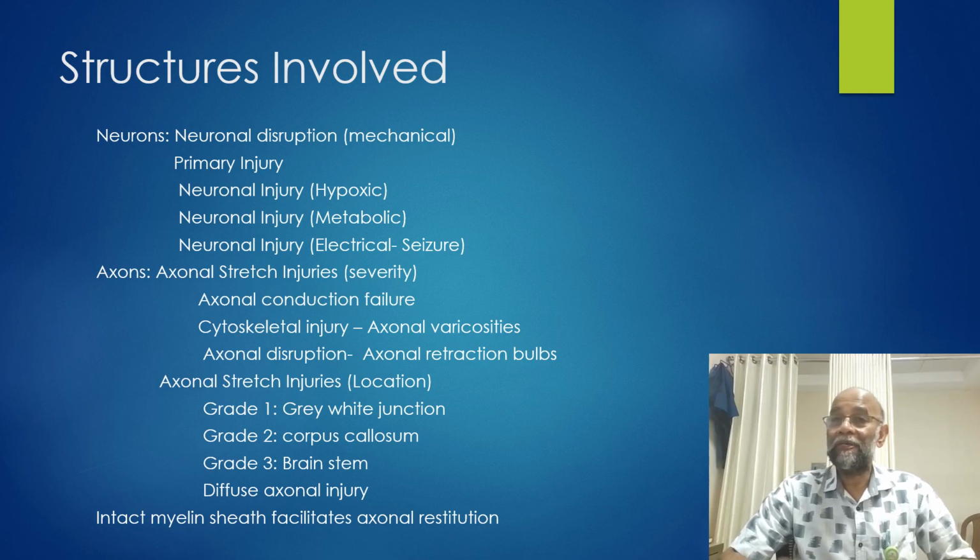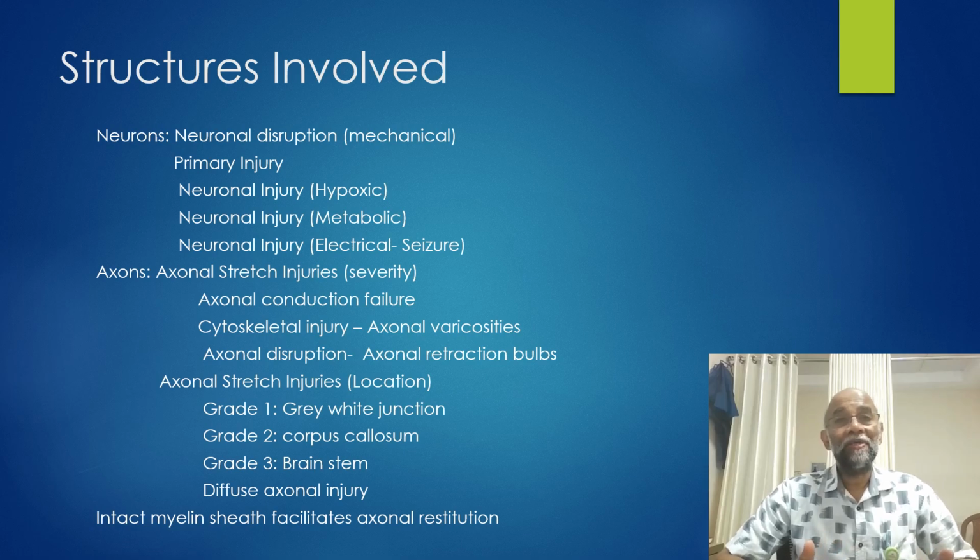This results sometimes in a beading of the axon, which is known as an axonal varicosity. And then you have axonal disruptions, which on histopathology can show up as an axonal retraction bulb, not seen on imaging usually, but it can be seen on electron microscopy.